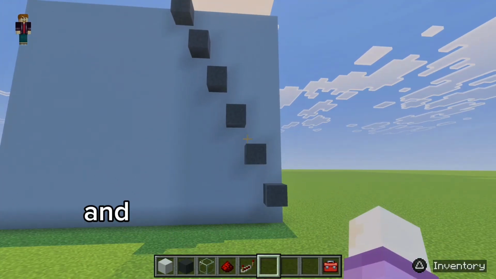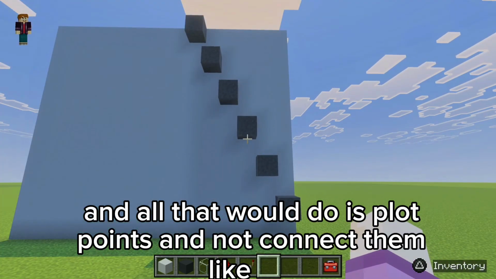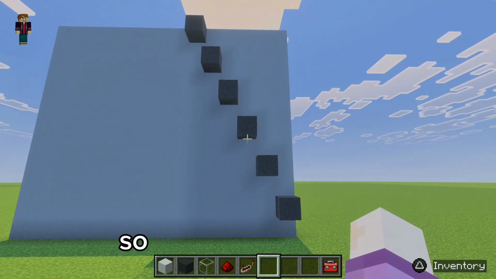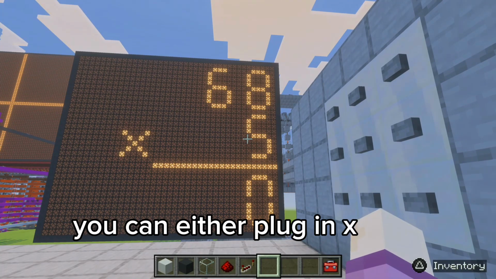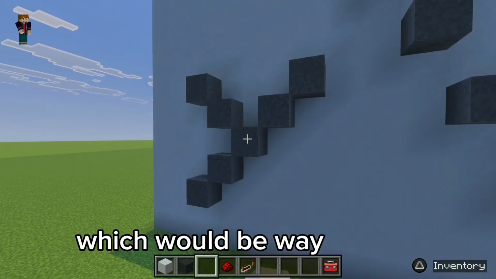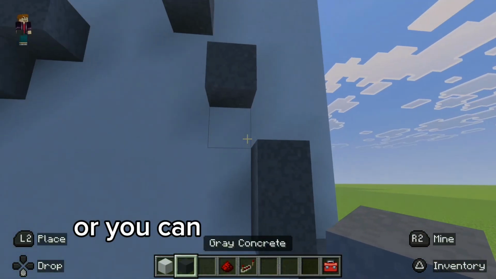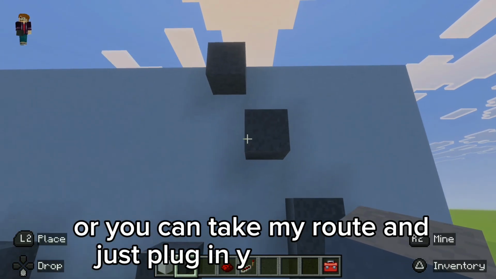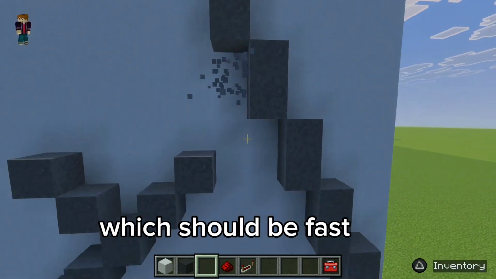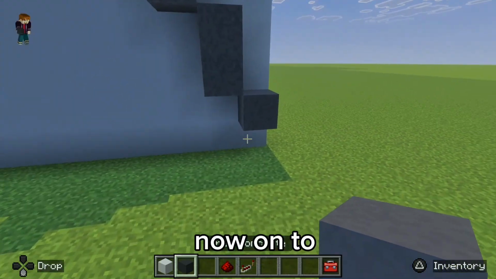But I thought about it, and all I would do is plot points and not connect them like this. So to connect the dots, you can either plug in X like 5 times more often, which would be way too slow, or you can take my route and just plug in Y to fill the gaps, which would be fast and accurate. Now on to actually building it.